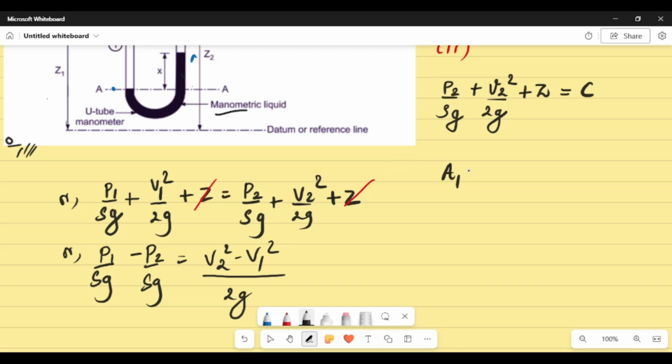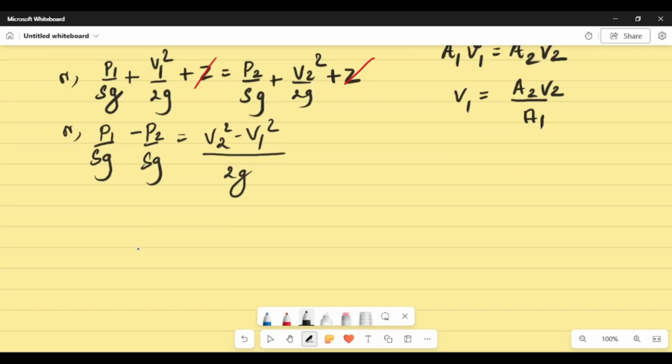So now we can calculate the velocity, right? If we know V1, so we know A1 V1 equals to A2 V2. So if we know V1, we can write V1 equals to A2 V2 divided by A1. And also this term is known as pressure head.